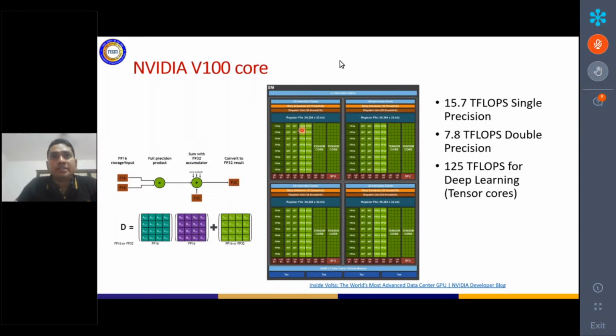So these are floating point 32-bit units, and along with these SIMD processing units, you have tensor cores. What the tensor core does is matrix multiplication in one cycle. Basically 4 cross 4 matrix multiplication will be done in one clock cycle, to be precise.